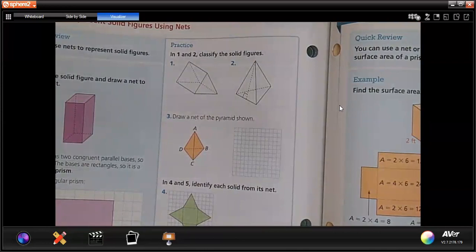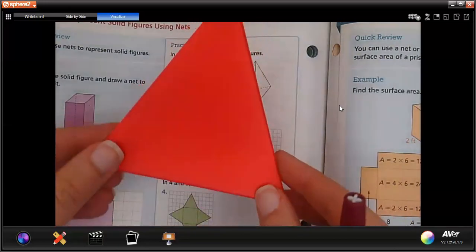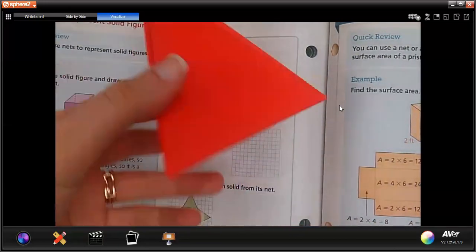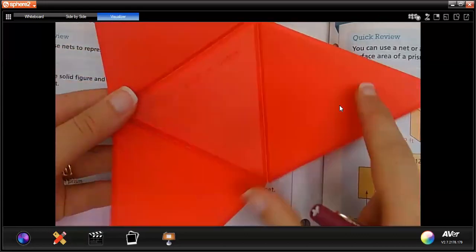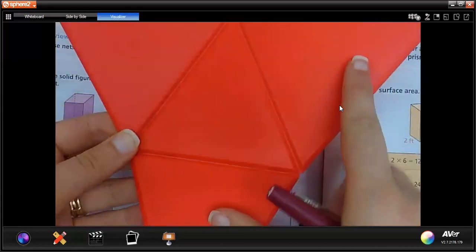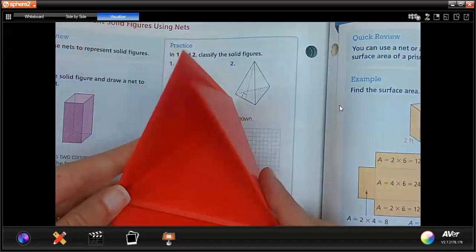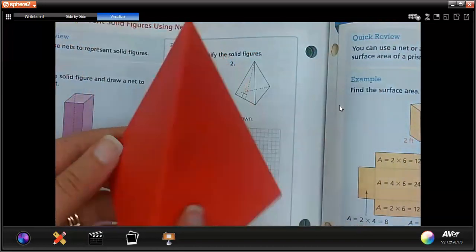So that's when you would have the 3 different triangles. I think I have that one over here. Yep. So the triangular pyramid, which I've got this here, is my triangular pyramid. If I open that up, that would be made of 4 triangles. 1 for the base, and then each of my 3 different sides.